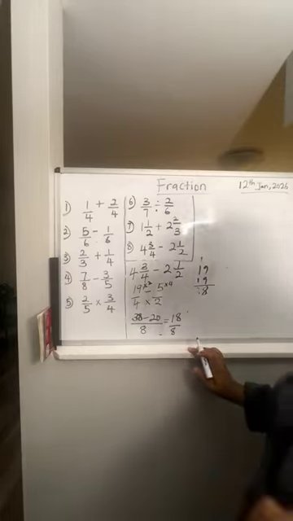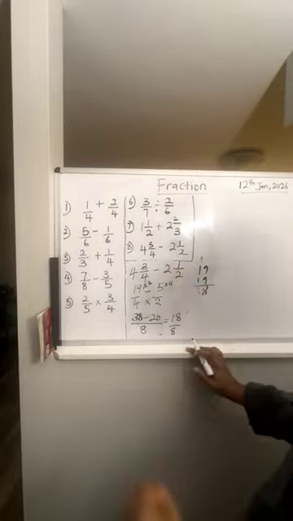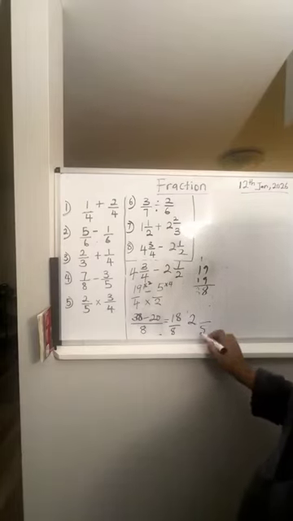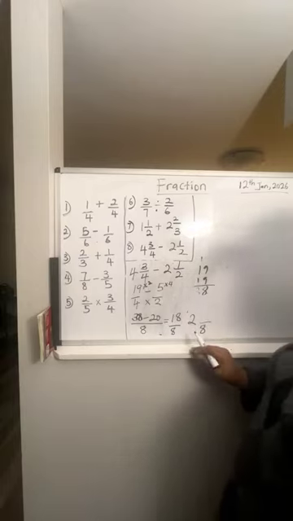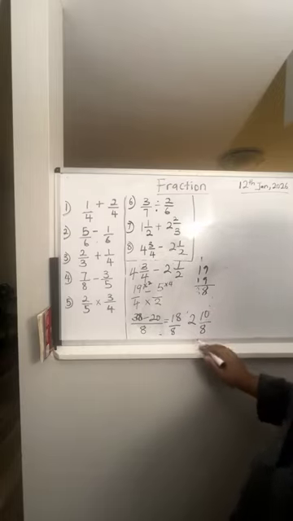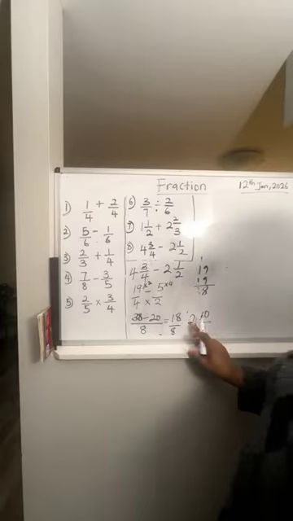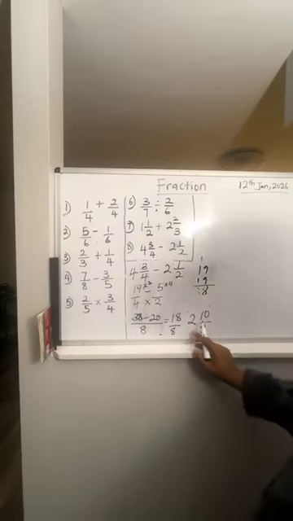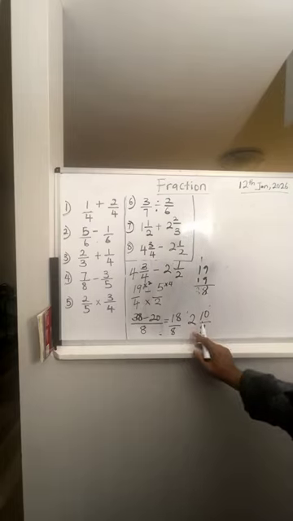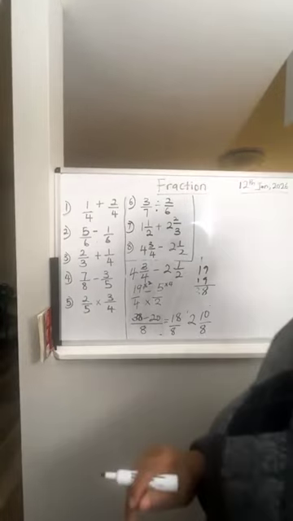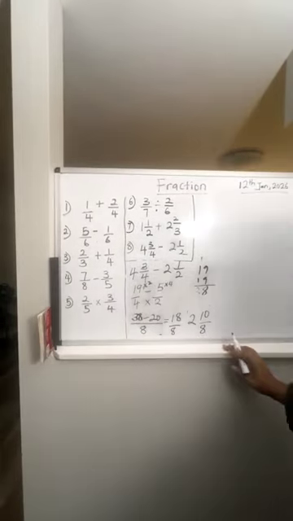So we have 2 whole number, 18 minus 8 will give us 10. 8 times 2 will give you 16.